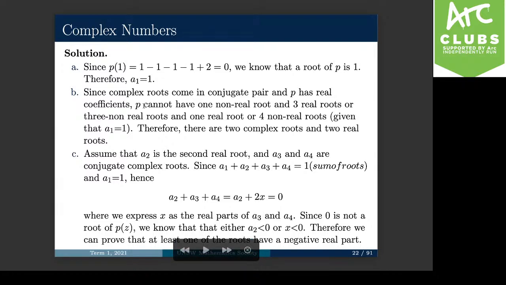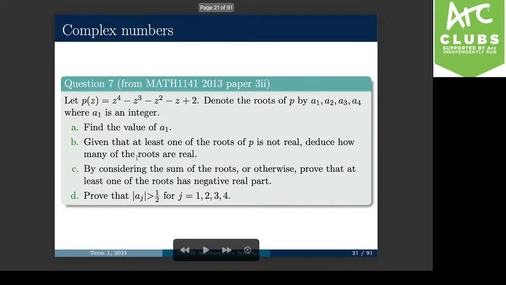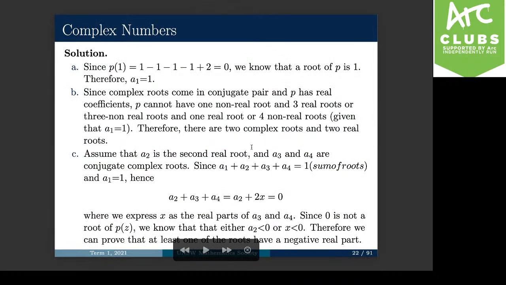Complex roots always come in conjugate pairs by the conjugate root theorem, since P has real coefficients. So P cannot have 1 non-real and 3 real roots, or 3 non-real and only 1 real root, or 4 non-real roots, because we already found that A1 is a real root. Therefore, there must be 2 complex roots and 2 real roots. So there are 2 real roots.